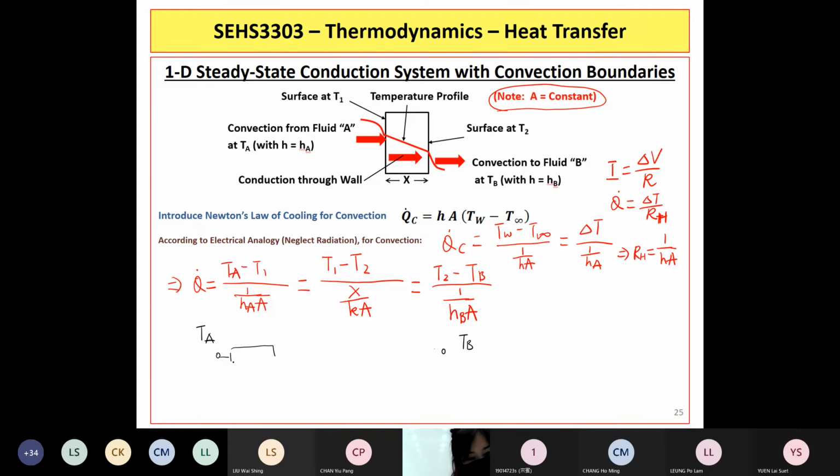It should be 1 over h_A times A, right? Then we have the conduction thermal resistor, this one.